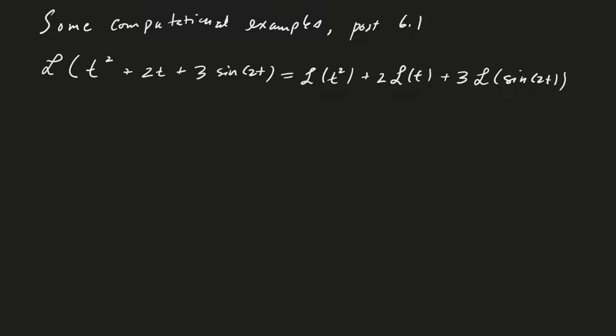Then from our table, we see that t to the n goes to n factorial over s to the n plus 1, and we'll use the same entry for t. For sine of at, we see that it is a over s squared plus a squared.